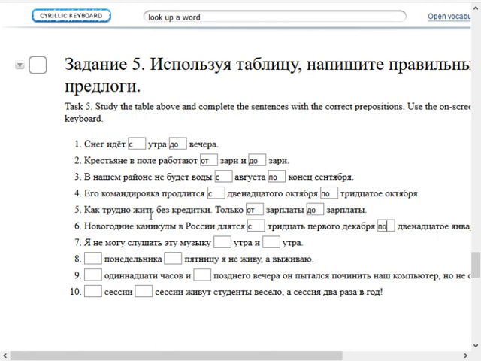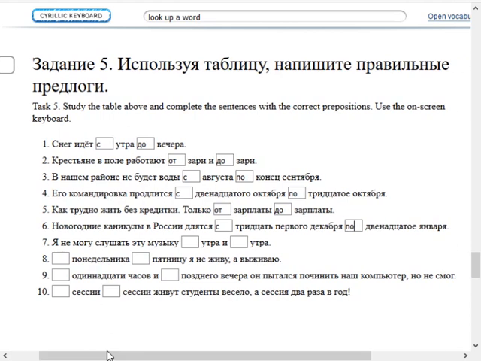So the New Year's holidays in Russia last from the 31st of December until the 12th of January.